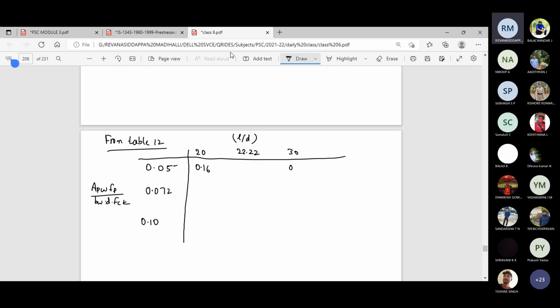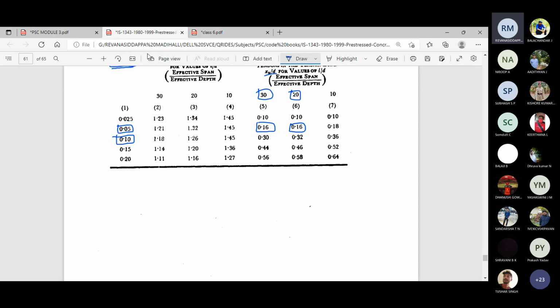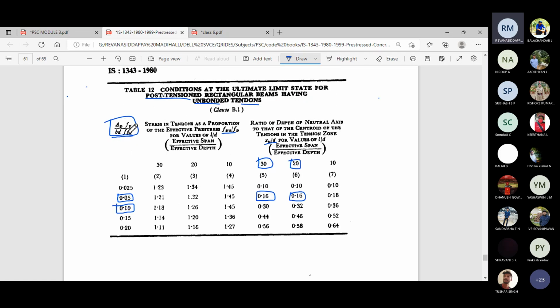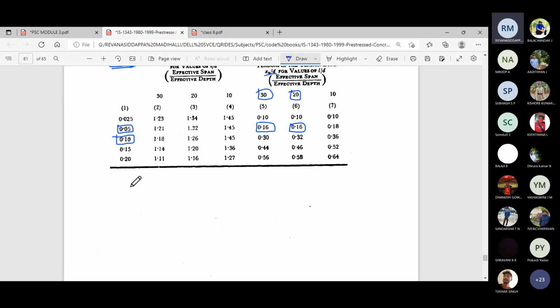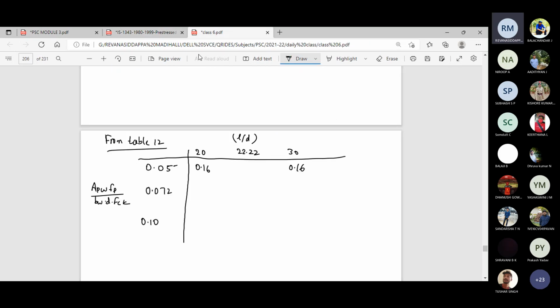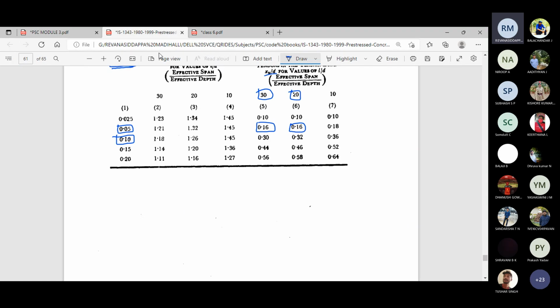Similarly, when the ratio is 0.10, L by D at 20 is 0.32 and L by D at 30 is 0.30.